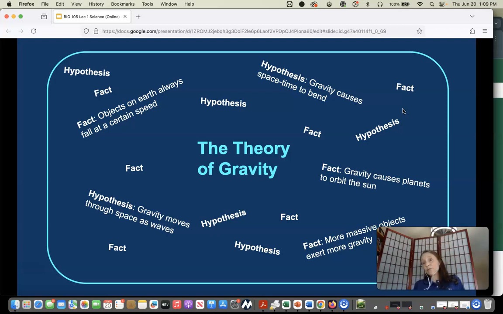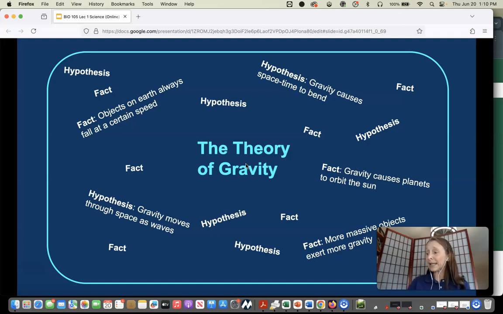Now, again, if information comes along later on, or we develop new technology that negates this theory, then we will update this scientific information. But at this point in time, a theory is as close as we have in science to scientific fact. So, for example, when we talk about evolution by natural selection, in science, evolution by natural selection is a theory.